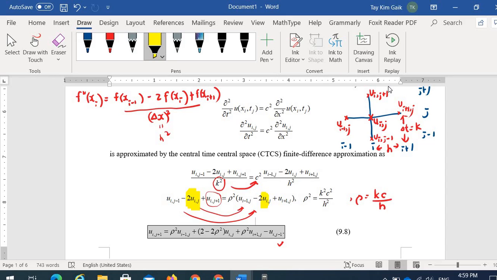Collecting the uij terms, 2 minus 2 rho squared uij, plus uij minus 1 from the level j minus 1.